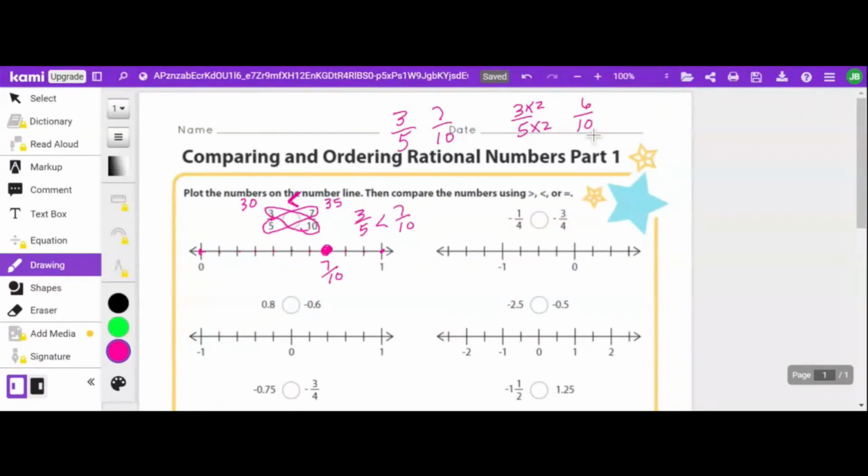So 6/10 is the same as 3/5. And 6/10 would be right here. Okay, so you can see how we are comparing the fractions, seeing which one's bigger, which one's smaller, and then placing them on the number line.